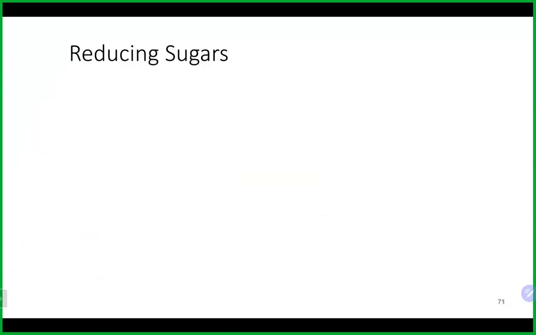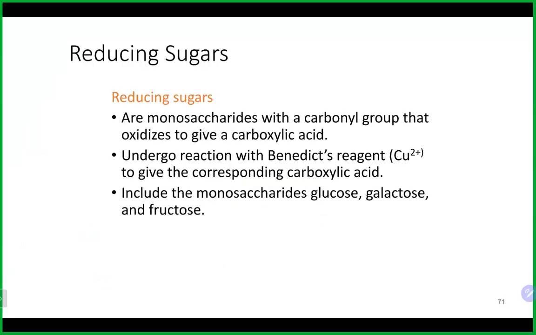Okay. Let's talk a little bit about some chemical properties of carbohydrates. They are what are sometimes referred to as reducing sugars, and reducing sugars get oxidized to our carboxylic acid, much like we saw in organic chemistry. You could use something like the Benedict's reagent.